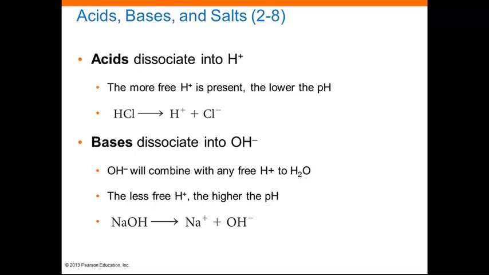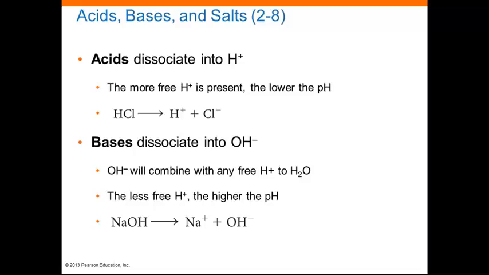So the stronger the acid, the more dissociation occurs, the more free hydrogen ions that are present, and therefore the lower the pH. So a strong acid is hydrochloric acid, and as you can see, hydrochloric acid can dissociate into a hydrogen ion, which is the definition of an acid, and this chlorine salt.